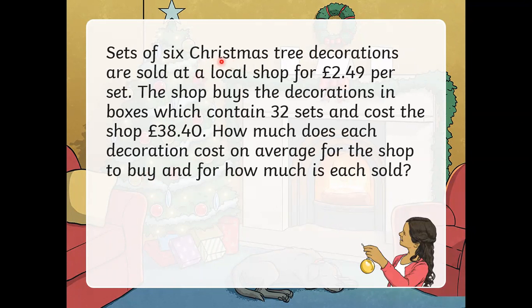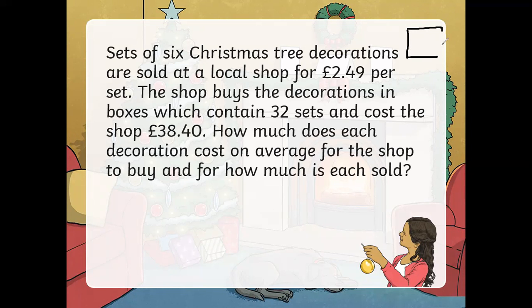Sets of 6 Christmas tree decorations are sold at a local shop for £2.49 per set. The shop buys the decorations in boxes, which contain 32 sets and cost the shop £38.40. How much does each decoration cost on average for the shop to buy, and how much is it sold for? So let's draw a little picture to help us visualize it.